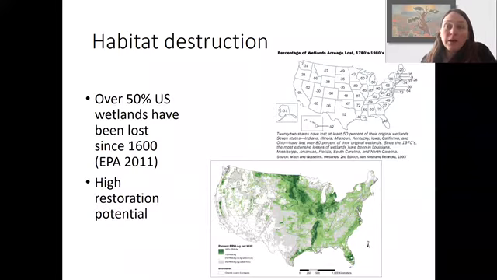So we do have a great opportunity. The map at the bottom here shows possible restoration potential for wetlands, and so there's lots of great possibilities for restoring wetlands. Whether this work is actually being done or not, that's a big question. And can you restore function completely to a wetland that's been damaged? That's another good question.